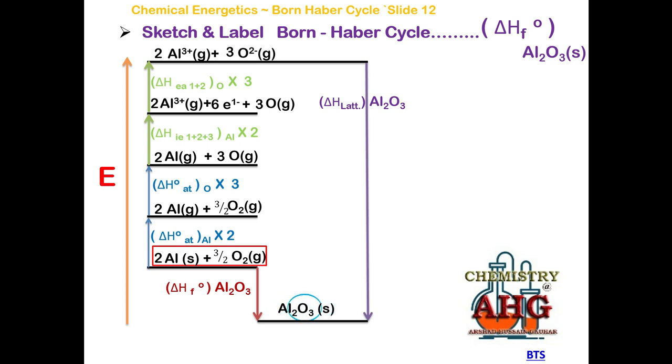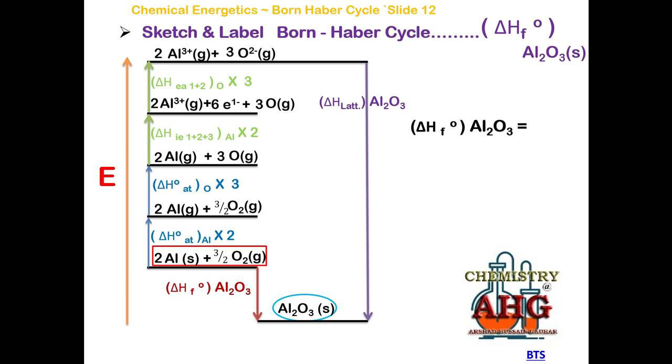And as I kept telling you again and again in the previous lecture, for the formation of an ionic compound, the resultant vector is always the standard enthalpy change of formation. Always this will be the direct path for the formation of every ionic compound.